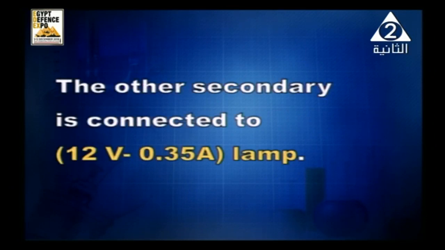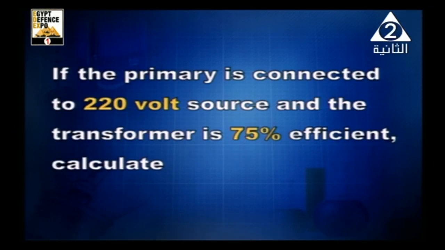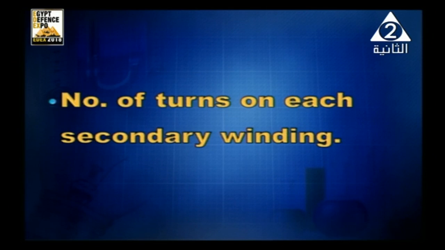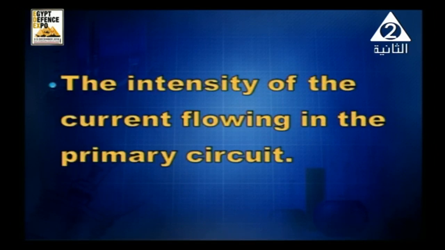The other secondary is connected to a 12 volt, 0.35 ampere lamp. If the primary is connected to a 220 volt source and the transformer is 75% efficient, calculate the number of turns on each secondary winding, and the intensity of the current flowing in the primary circuit.